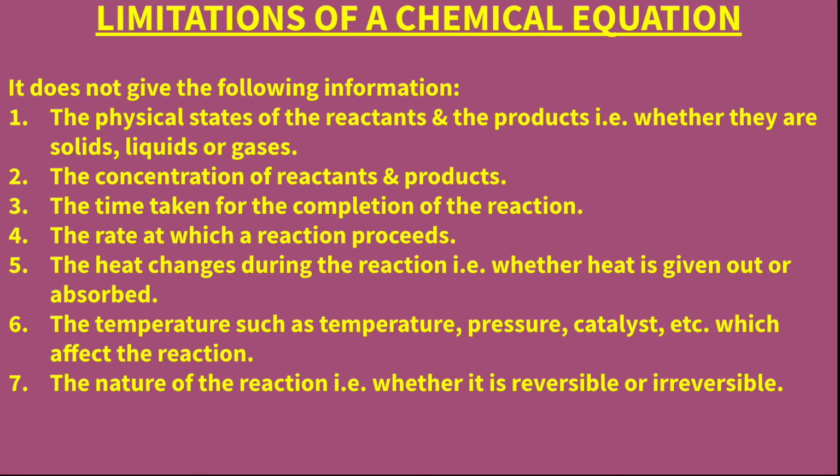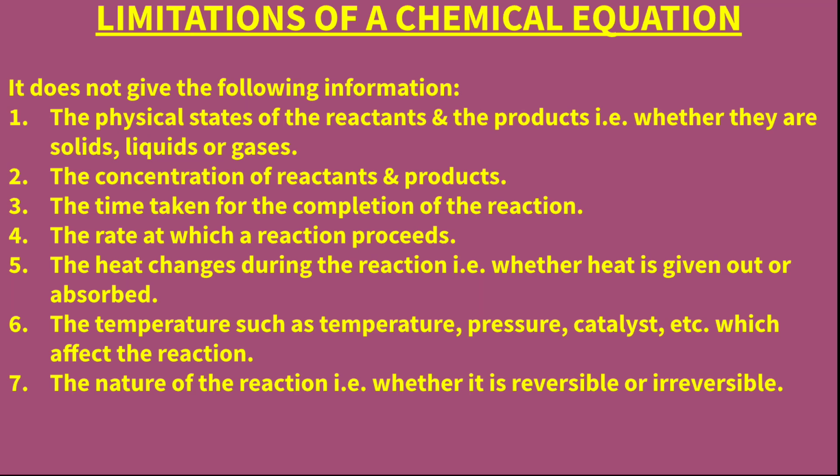The concentration of the reactants and the products, how concentrated they are, we cannot get an idea from this equation. The time taken to complete the reaction, the rate at which the reaction is proceeding, and the heat changes during the reaction, whether it is absorbing heat or giving out heat, we are not able to get from these equations.